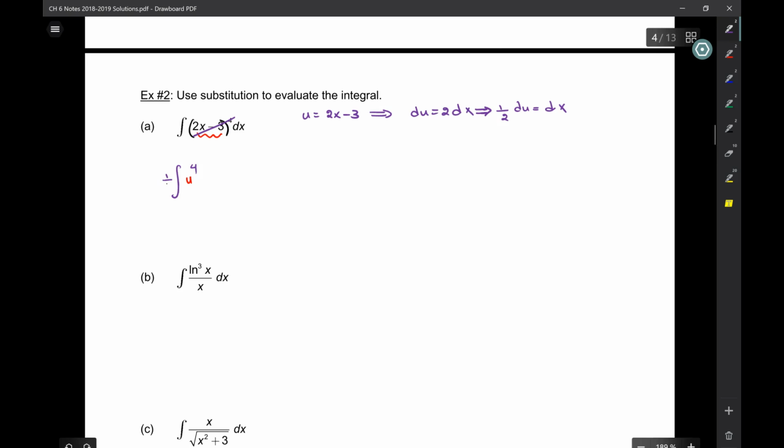And I write it as half du. I like to split it up because it doesn't bother me. So then half u to the 5/5 plus c. So 2x minus 3 to the 5.